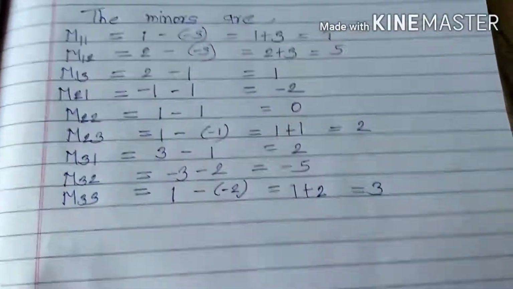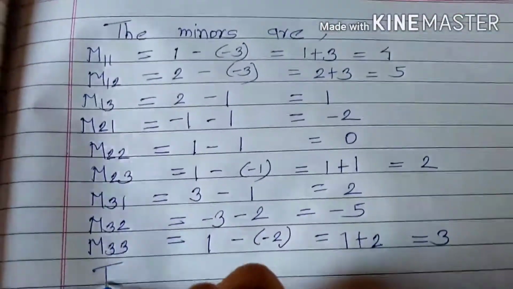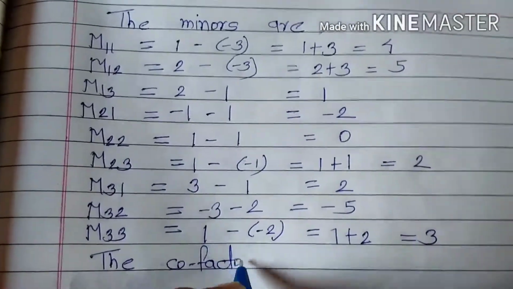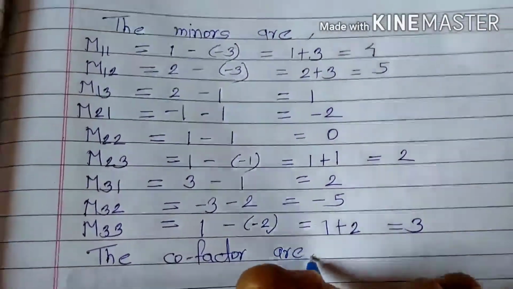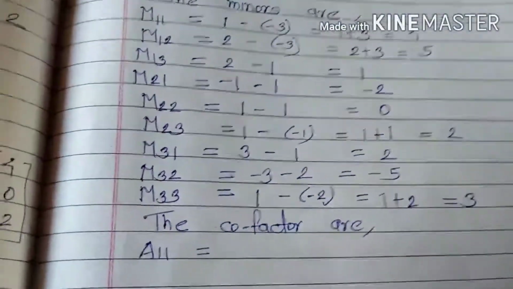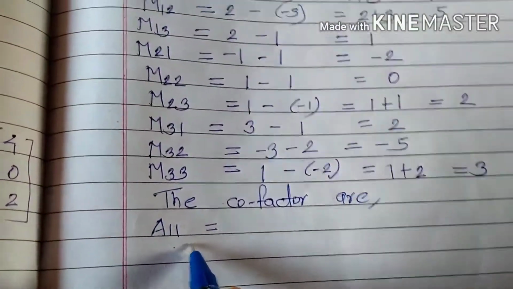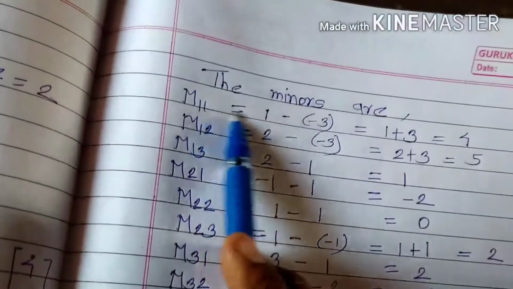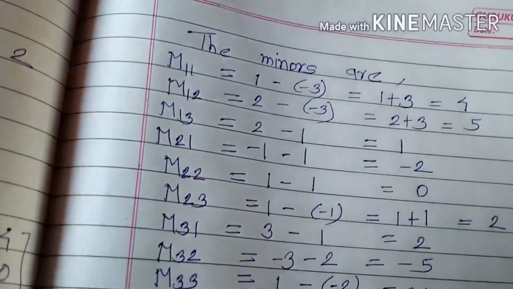Now next, cofactors. A11 is equal to, 1 plus 1, 2, 2 is even, that's why 1, 1 into M11, M11 is 4, so 4.